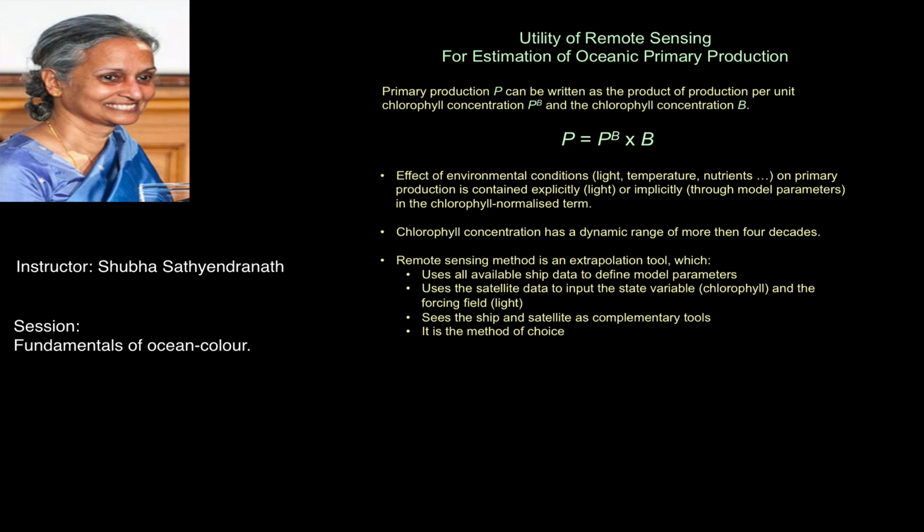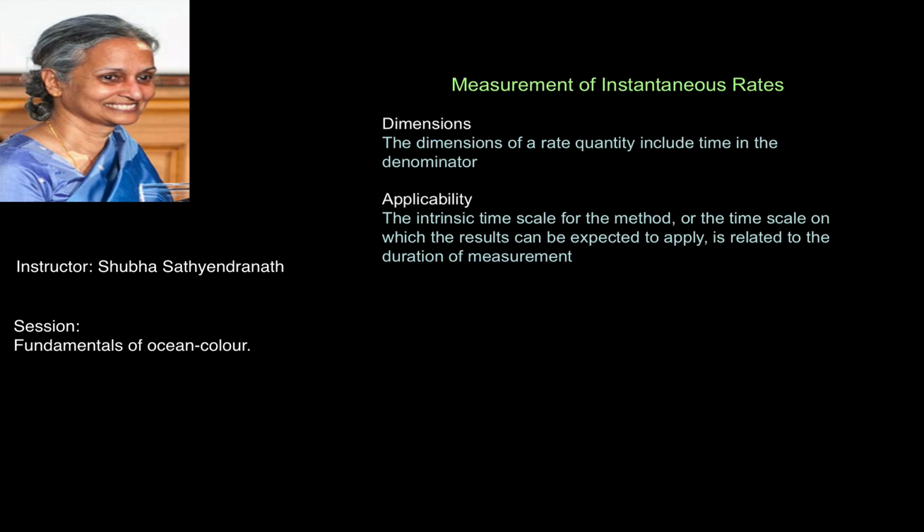So you can think of remote sensing of primary production as a method that makes use of all the in situ information on the parameters and then combines it with all the information at the global scale on the variables, that is chlorophyll and light, to compute the primary production at the global scale. So it's a method that combines in situ information with satellite observations to get the best estimate we can of total primary production at the global scale.